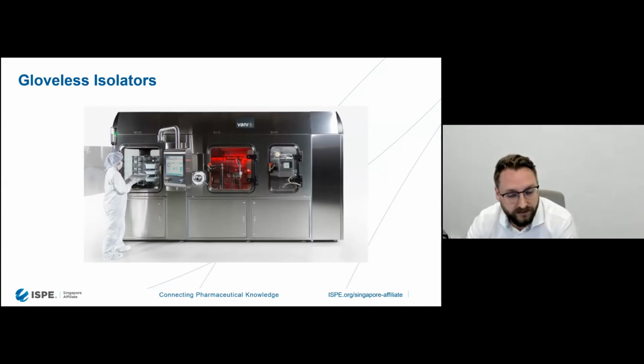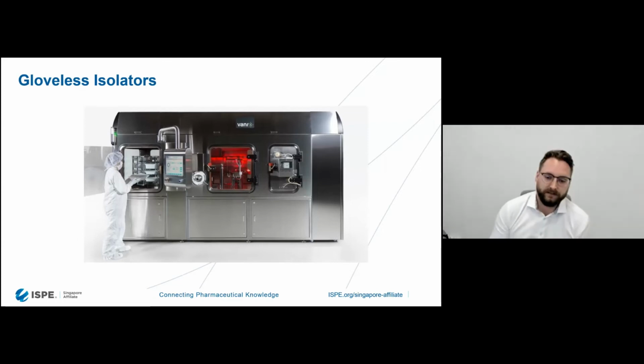These are becoming very popular for small, flexible batches, i.e. gene therapies. They're very programmable and very flexible as far as the process that can be performed. Gloveless isolators can be installed in grade C or D backgrounds, and they use internal robotics to manipulate the process, which typically are not seen in conventional isolators.